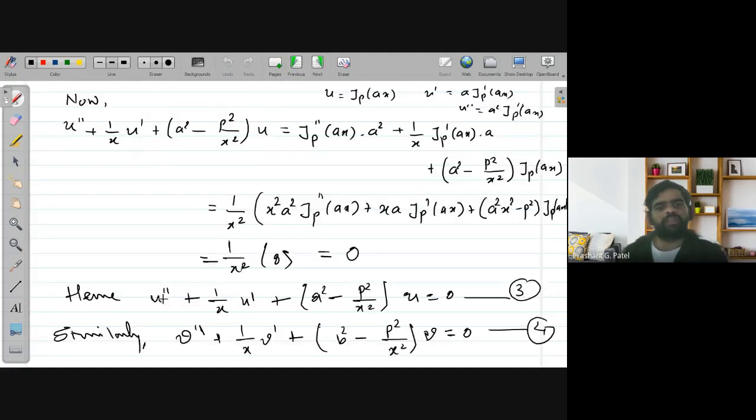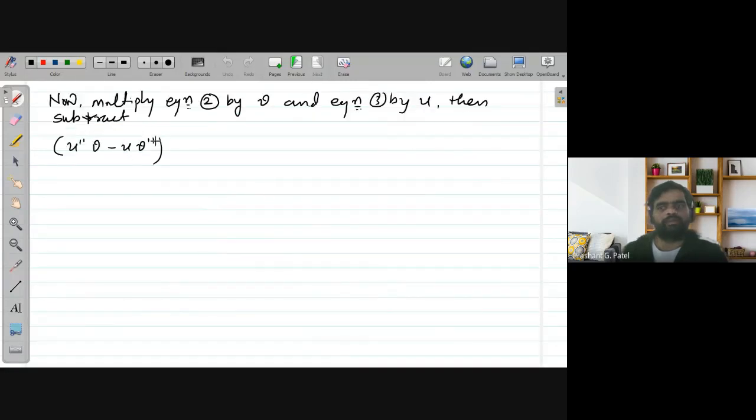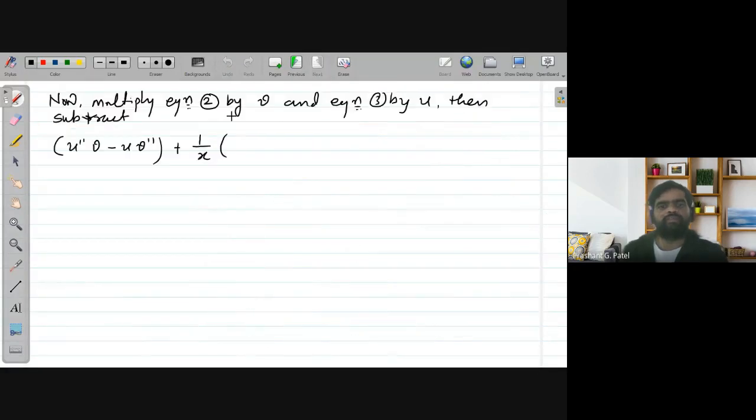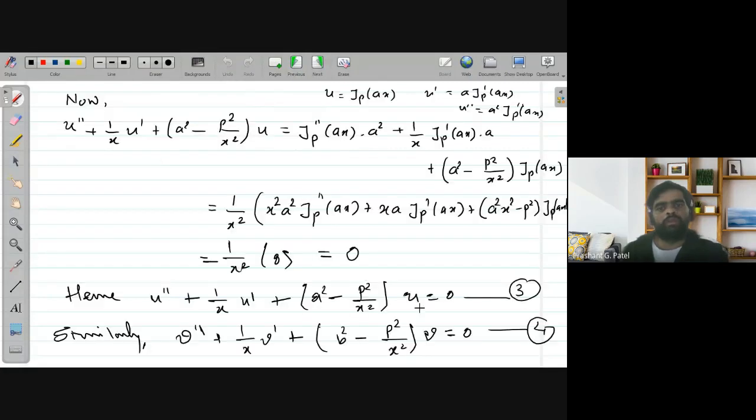because that is the thing we got. You multiply this equation 3 by v and this one by u, so that is u double dash v minus u v double dash. We'll have this plus 1 by x, then you will multiply this by v, that is u dash v minus v u dash, plus this is uv.